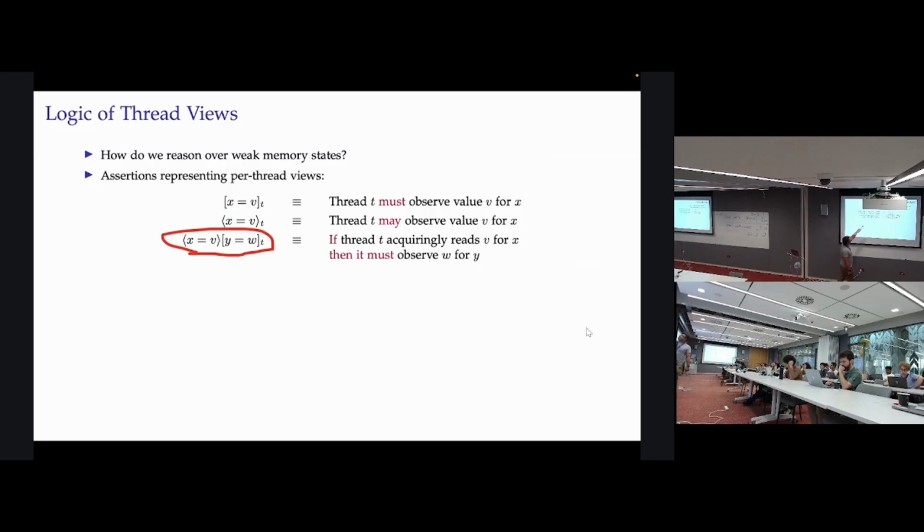If this thread t sees that value for x, then because of all the synchronization that happens during the read, you're going to be in a state where you definitely see that y equals w. Does that make sense? Yeah?